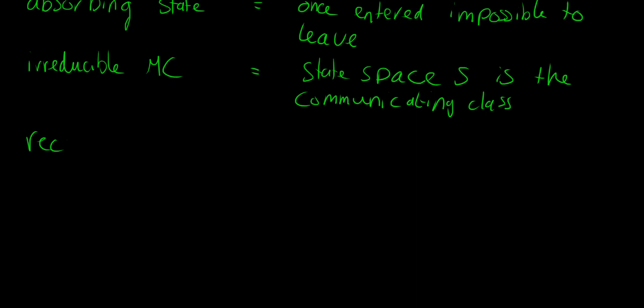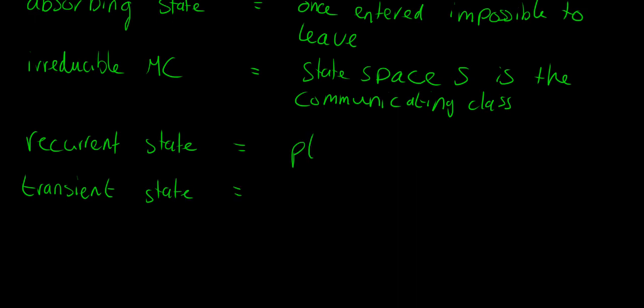We have recurrent states, a recurrent state, and a transient state. A recurrent state means that once we are in a specific state, as I, at x0, the probability that we will return to this state eventually is 1.